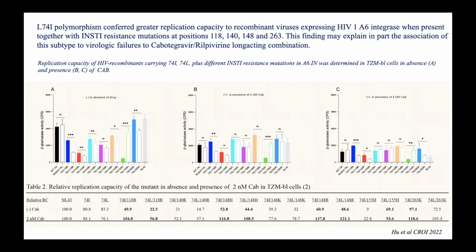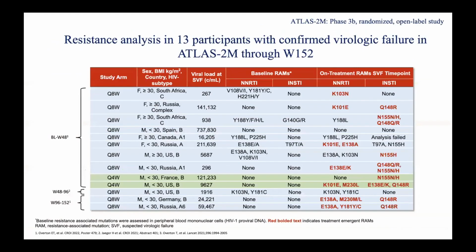So there was, you see, an advantage in the absence of drug, but also in the presence of cabotegravir. So in some way, these findings show that this polymorphism can indeed provide better replication that can be associated with the virological failure to this long-acting regimen.